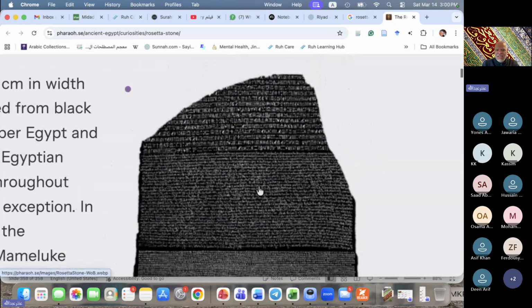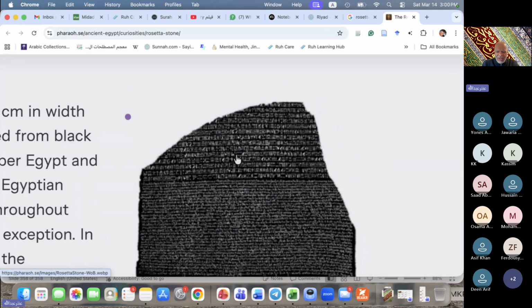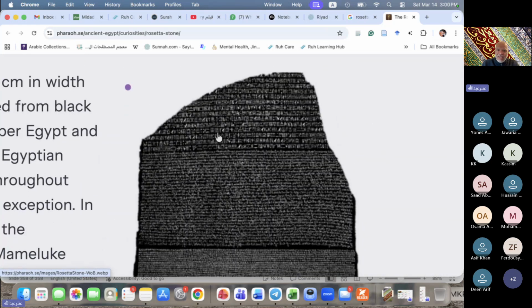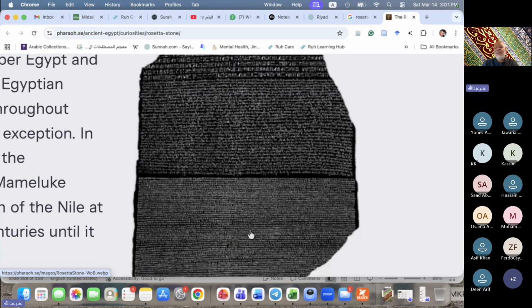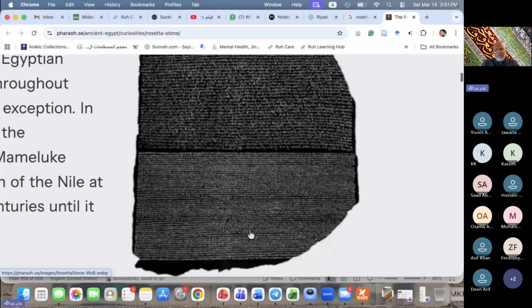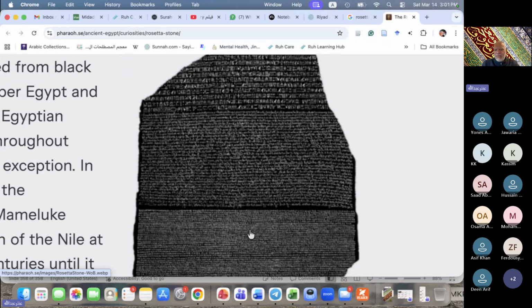It has a text in ancient Egyptian that is translated, the same text, into later ancient Egyptian known as Demotic. Demo means the language of the people, and then translated into Greek. And the scholars of the French campaign on Egypt understood Greek, so they knew that this is a translation of this and this is a translation of that.